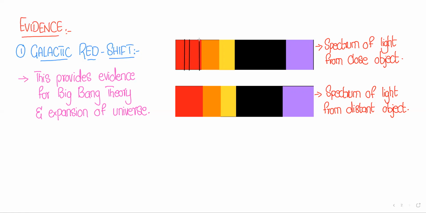So this is the distribution of the spectral lines for the light source, or the emission of light, from a near object. And if we compare it with the spectrum of light coming from the distant object, most of the spectral lines shrink towards or come close towards the red spectrum because of the redshift concept, right?